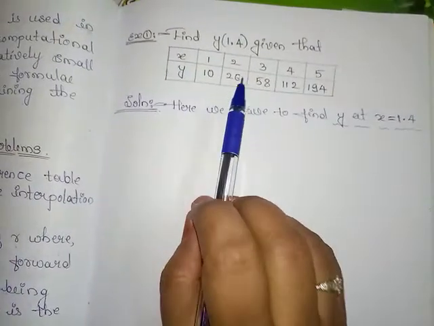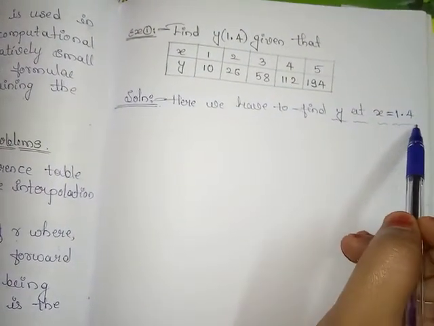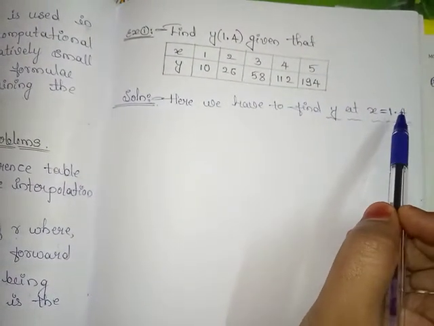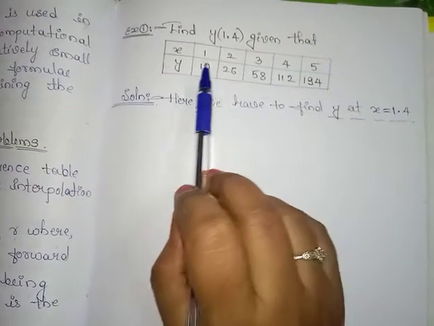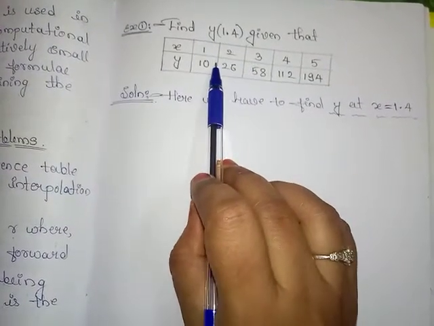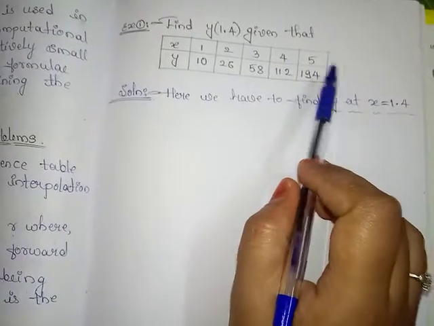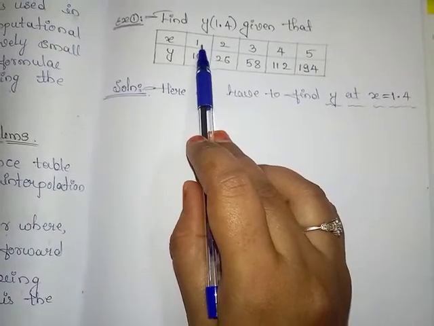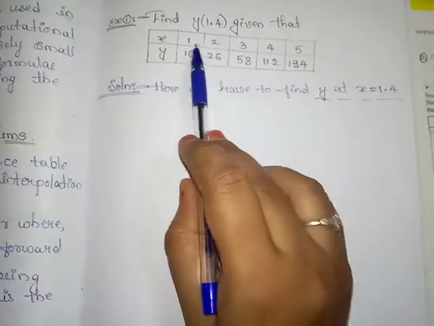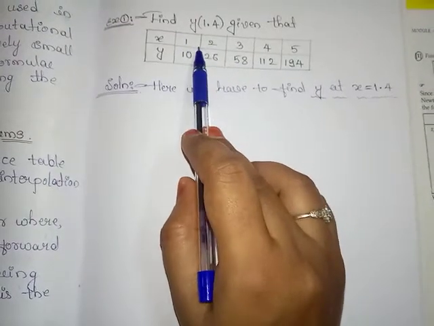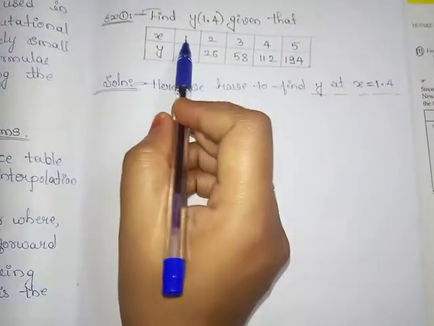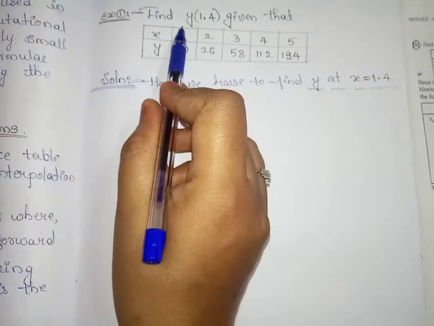Now we have to see whether the value of x as 1.4 lies in the first half or in the second half. 1.4 means that the value lies between 1 and 2. 1 is what? Our x naught value.